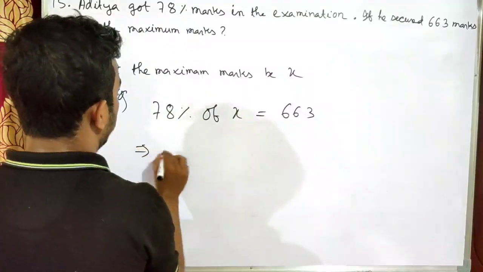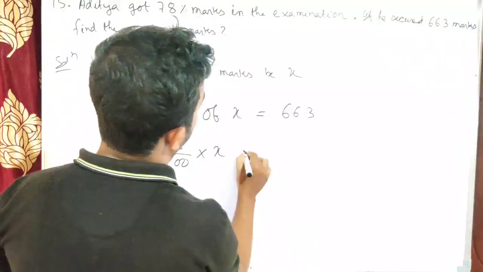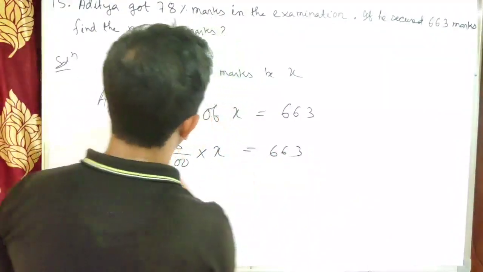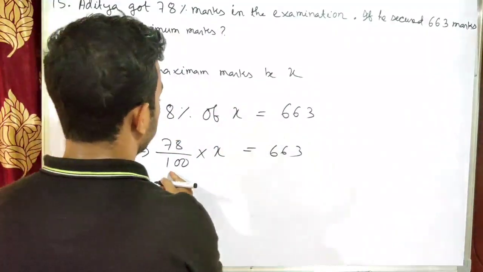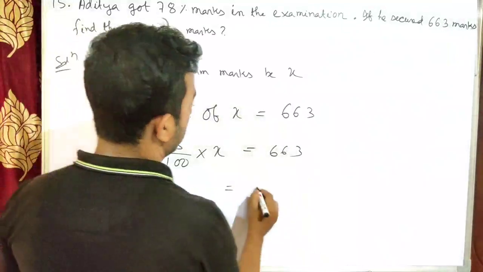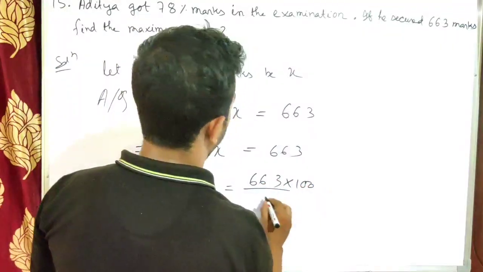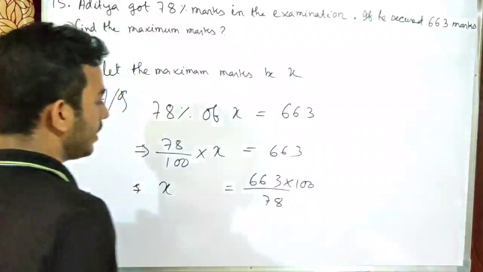So 78% means 78 by 100 into x equals 663. Here 100 is in the denominator, so when you change the side it will be multiplied, or we can write it directly like this: 663 into 100 upon 78.